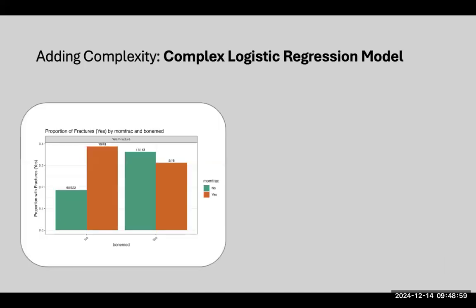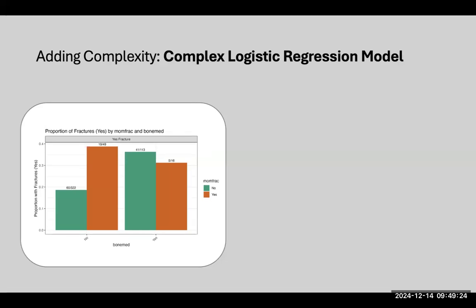The first is a complex logistic regression model. I started creating this model by adding some complexity, looking at the trends I saw in the exploratory data analysis. So this is an example of a potential interaction between 2 variables, MOM-FRAC and bone-med. And what I'm looking for here is a difference in trend.